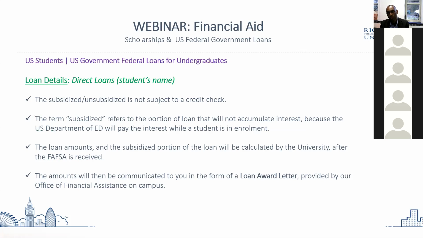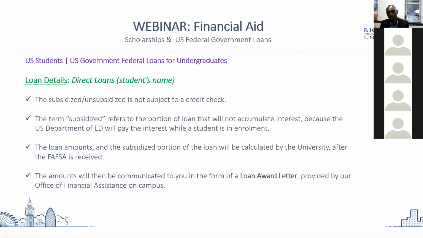And as long as you have not gone over the maximum amounts, because there are maximum amounts for your entire undergraduate studies. A lot of students don't exhaust it anyway, but just for reference purposes, that maximum amount for undergraduate students would be 31,000. But as long as you've not gone over that, generally it would be approved without any complication.